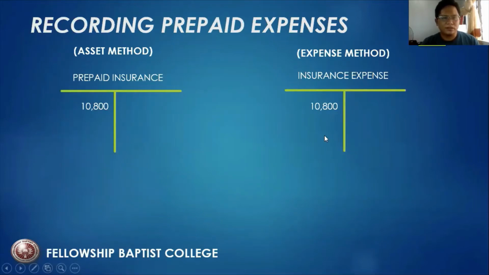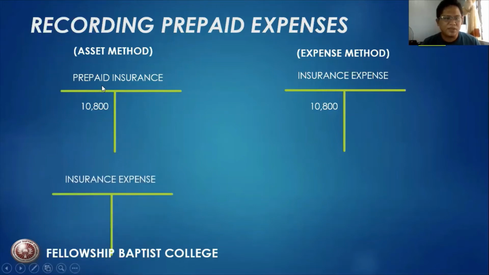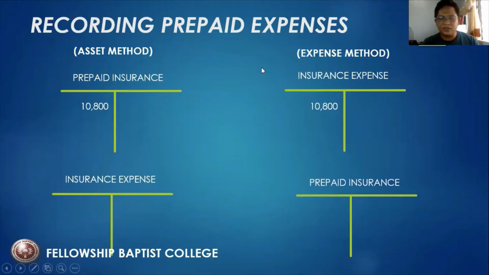So going back to our example, prepaid insurance. If we are to make an adjusting entry, we have to set up, under the asset method, the expired portion. So we have to come up with an expense account, which is the insurance expense. And under the expense method, we have to set up the asset portion, or the unexpired portion.